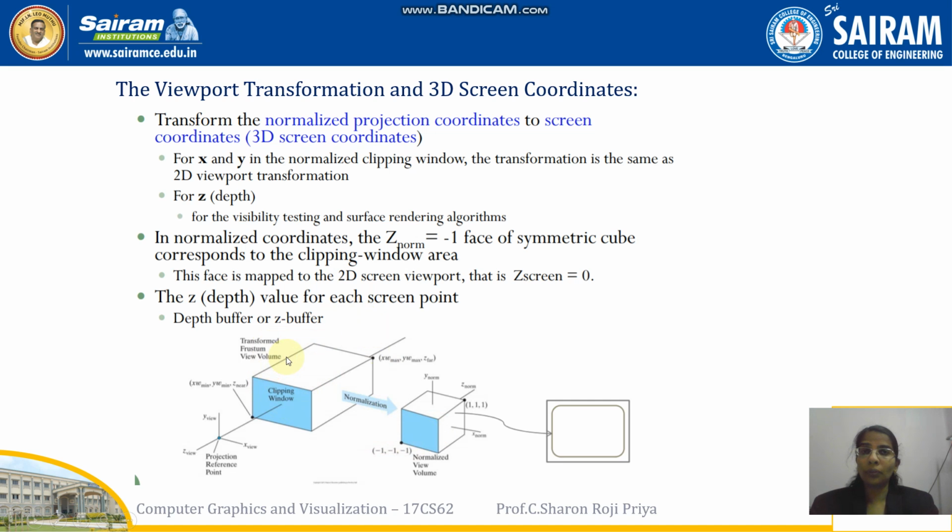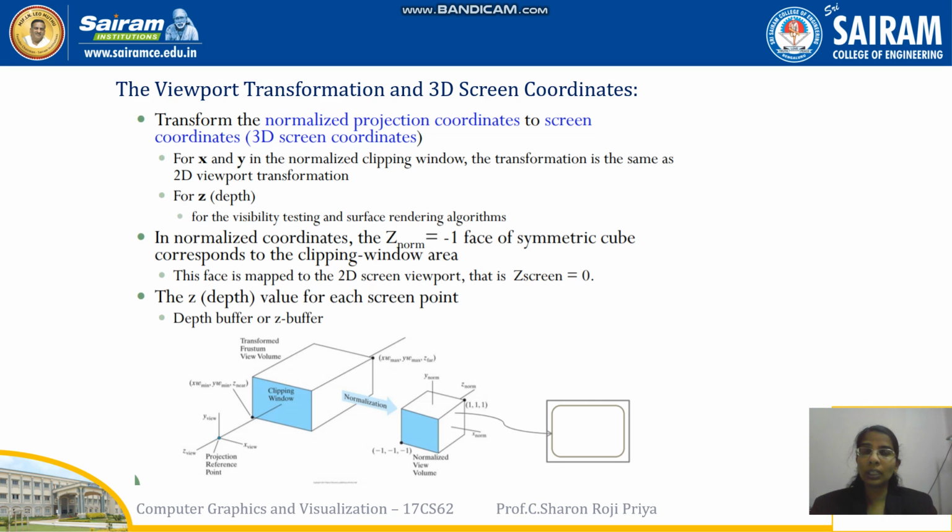In 2D, this is called a clipping window or clipping rectangle. But coming to 3D, I have additional coordinates. In 2D I have x and y, but in 3D I have x, y and z.